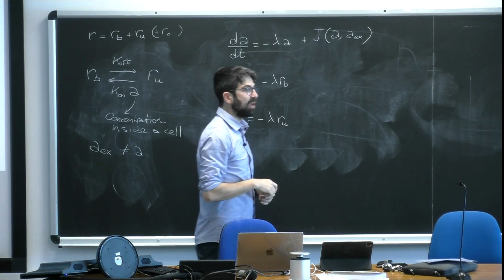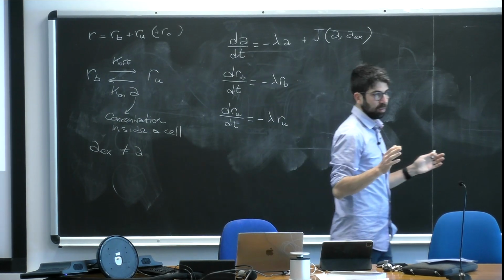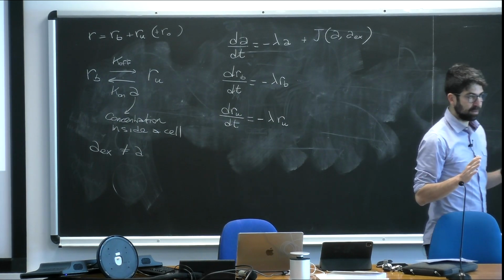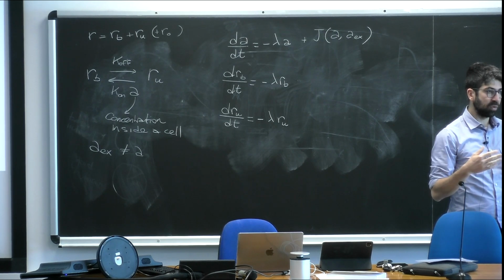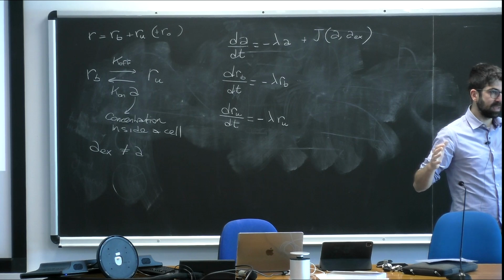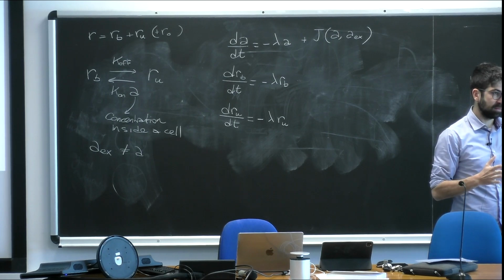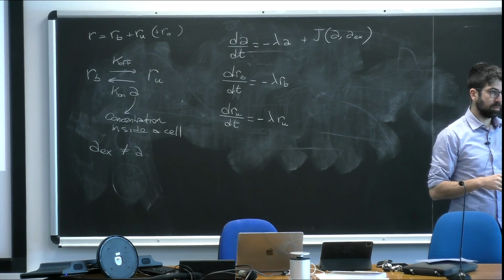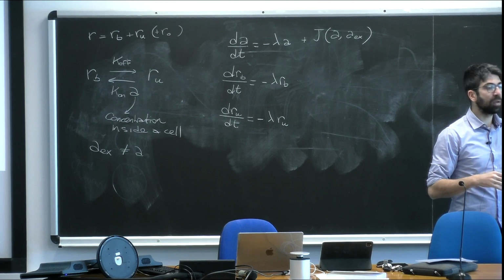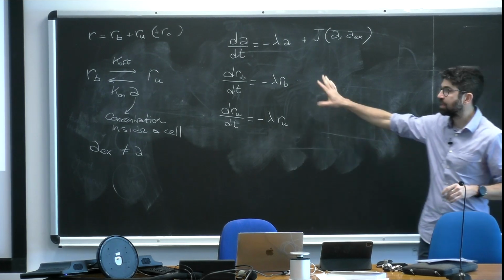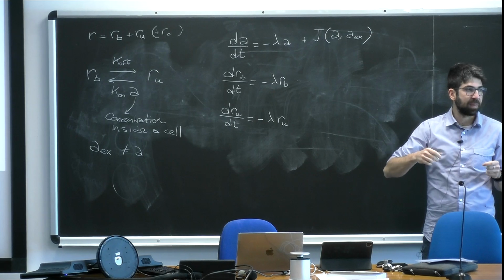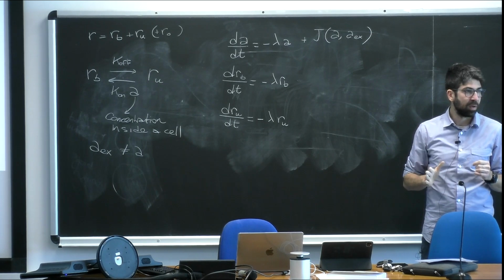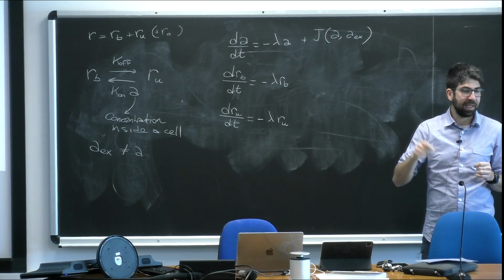What I'm saying is, suppose that you have a molecule and the number is fixed, and cells are growing exponentially. The concentration decreases because the volume is increasing, but the number is fixed. But the unbound ribosomes are going to increase too. No, there are other terms. This is not the end of the equation, because there are other reactions. But there is always a term which is related to this dilution.